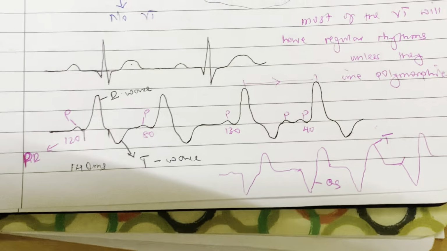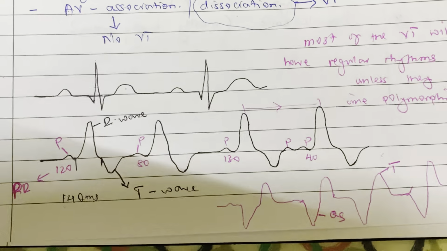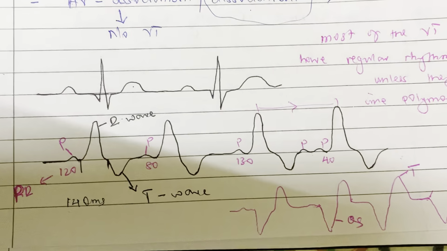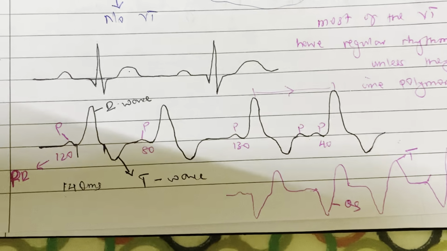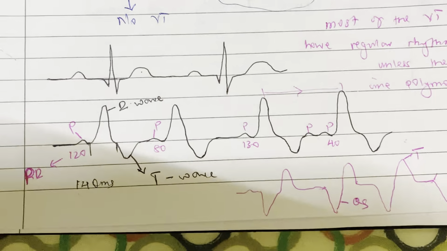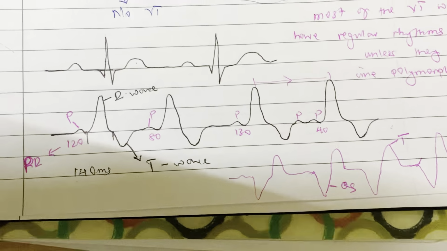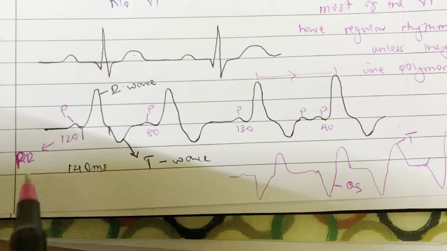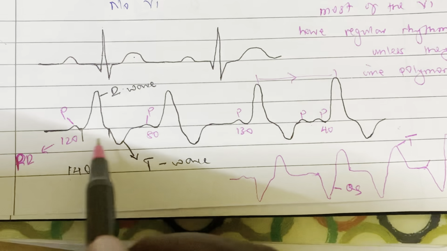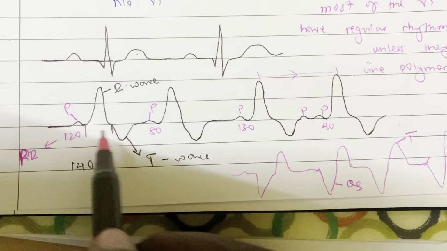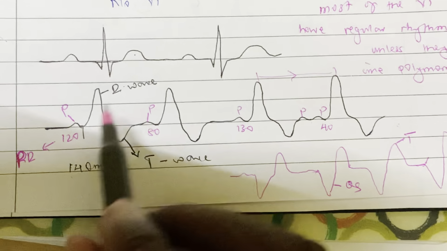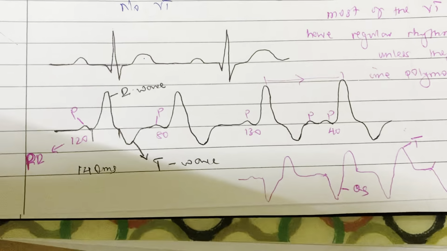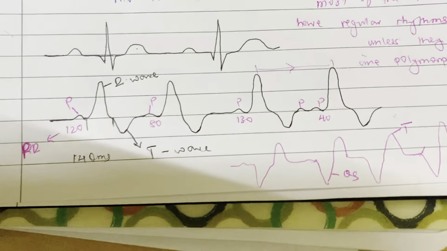After identifying that P waves are there, check for association. How? By checking the PR interval. If it's the same, it should be the same. If it's not the same, then we can have first degree AV block, or second degree. It is true that the PR is the same, but the time at which the complex comes is different. It comes earlier sometimes, the other time it comes late.